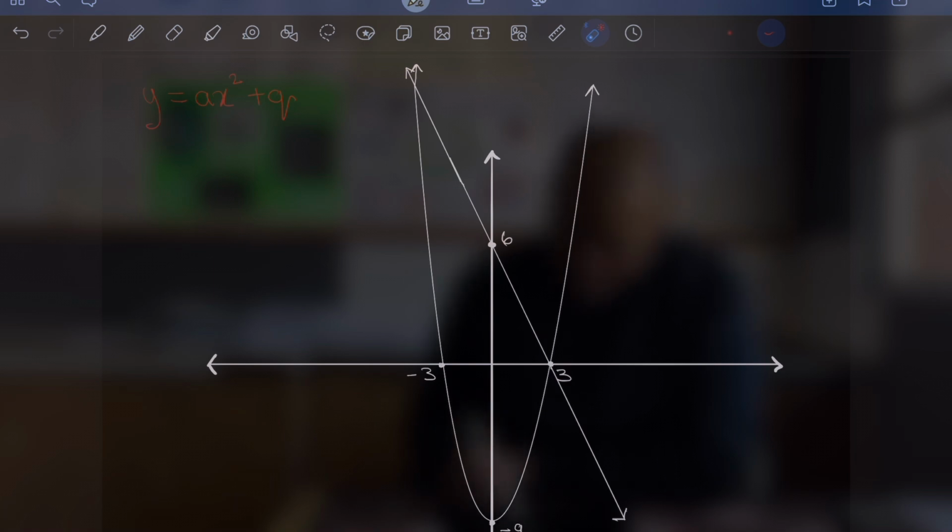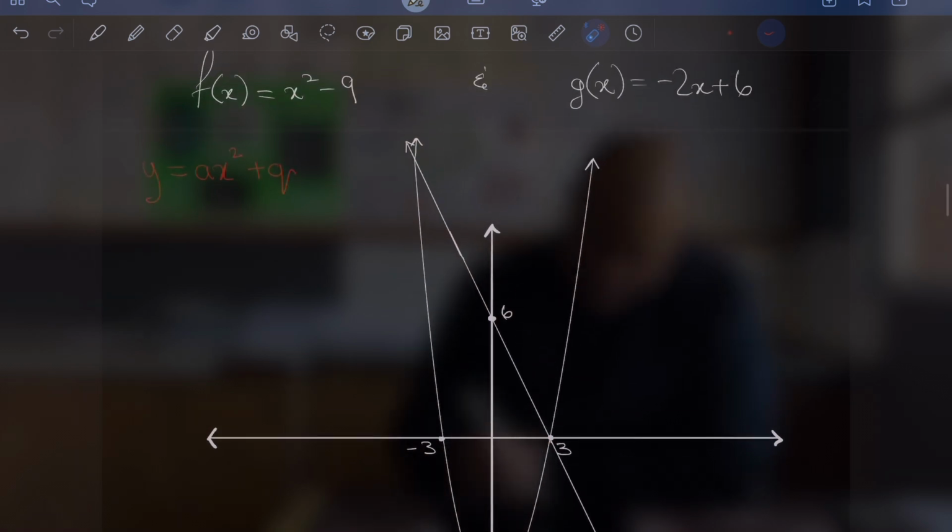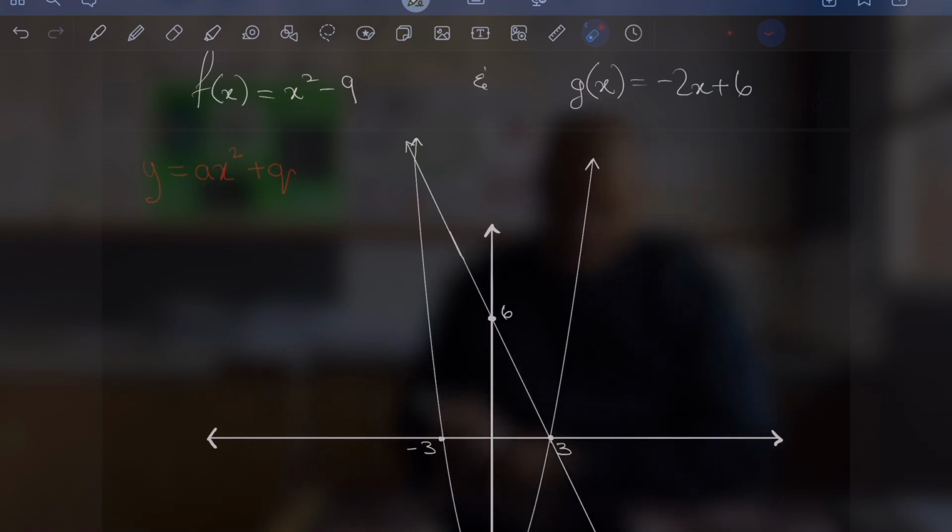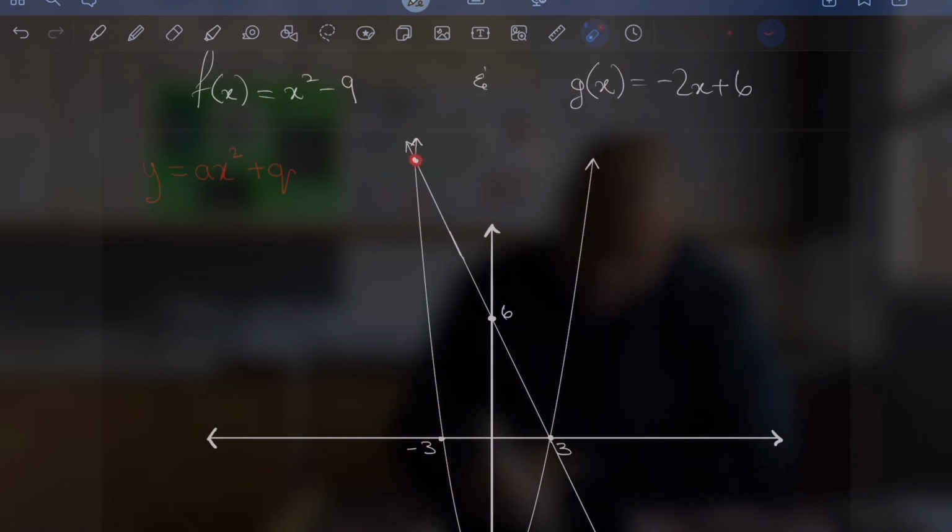So your parabola and a straight line share an intercept here at x equal to 3. One of the x-intercepts, or roots, of the parabola is equal to the x-intercept of the straight line. And then there's another point over here which will come into play in a moment. At this point here, our parabola and our straight line intersect each other again.